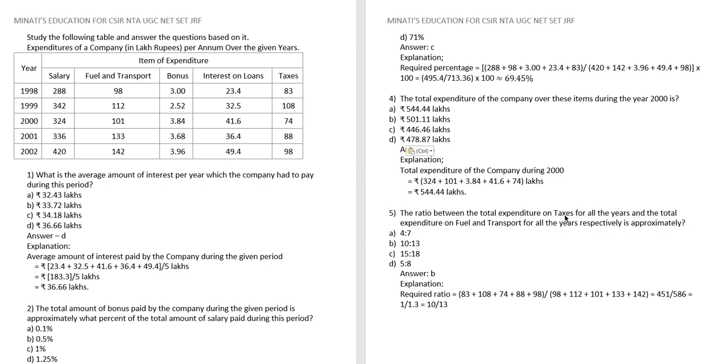So total expenditure on taxes, 83 plus 108 plus 74 plus 88 plus 98, divided by the expenditure on fuel and transport, that is 98 plus 112 plus 101 plus 133 plus 142. Just make the ratio, it will come to 10:13. So option B will be the answer. This is such an easy data interpretation problem. I have taken this problem from previous year's questions. Okay, thanks for watching.